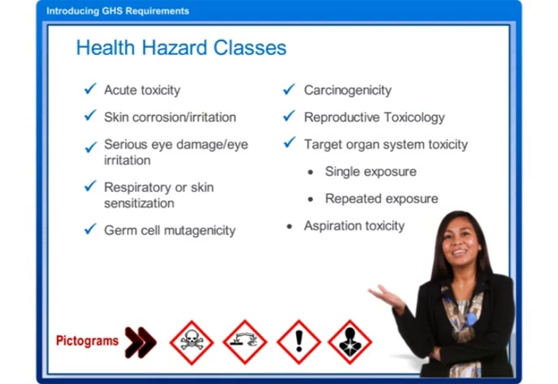This indicates that specific organs like the liver or kidneys are targeted, and this can happen after either single or repeated exposure. And the last class is aspiration toxicity. Aspiration toxicity is an effect that occurs from entry of a liquid or solid through the oral or nasal cavity into the trachea or lower respiratory system.